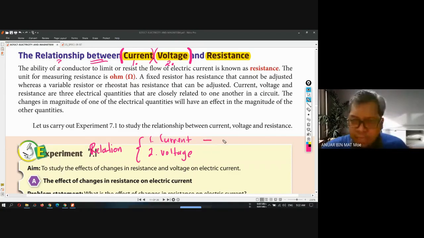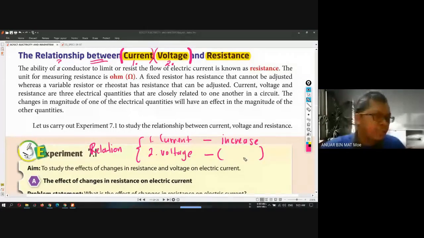If, for example, the current increases, what will happen to the voltage? This is what we call a relationship. In order to know what happens to the voltage if the current increases, we need to do an experiment, we need to do the activity.